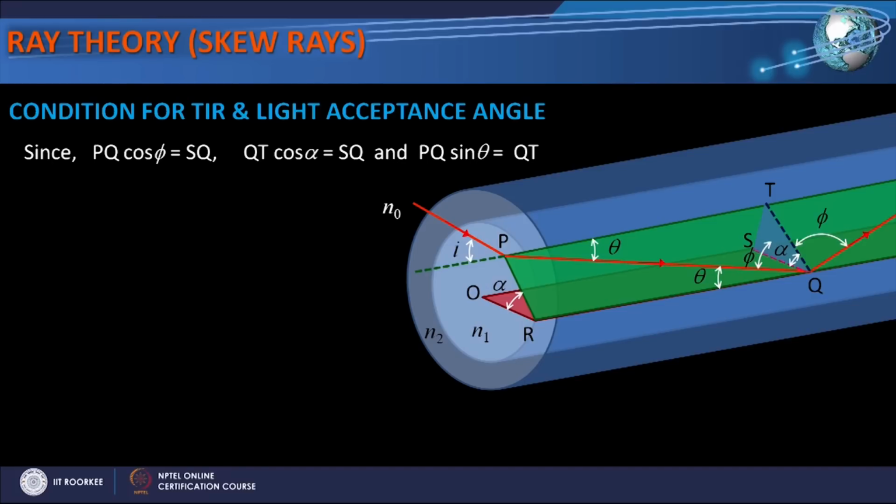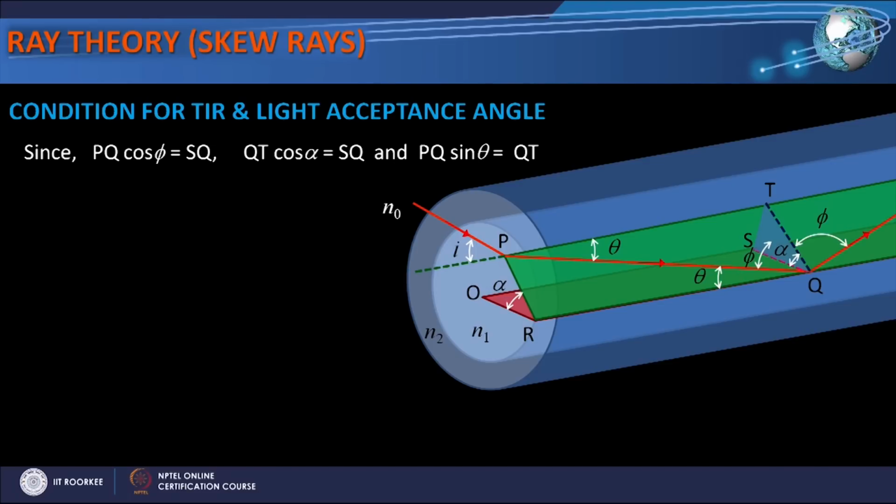If I consider a transverse plane here which is STQ, then this incident ray makes an angle phi with it, and the reflected ray also makes an angle phi with this. Now, what I can see here is that PQ cos phi is nothing but SQ, and QT cos alpha is also SQ.